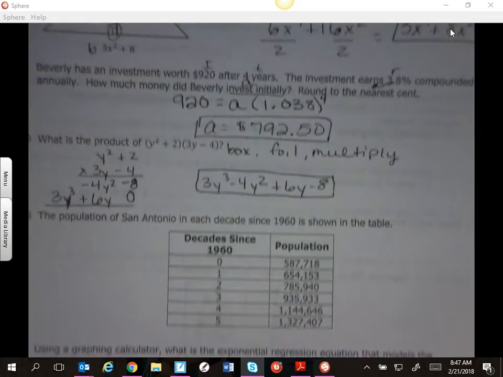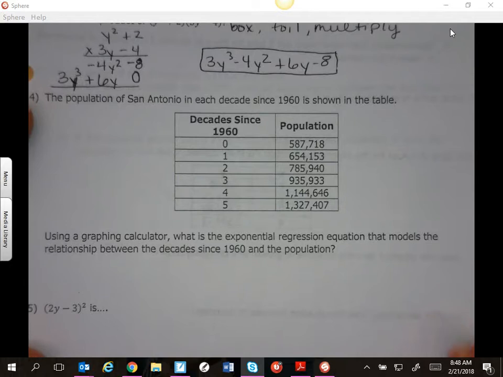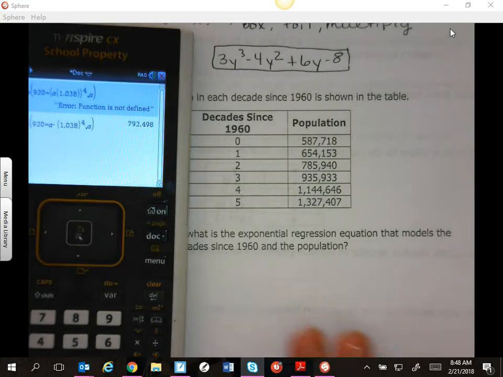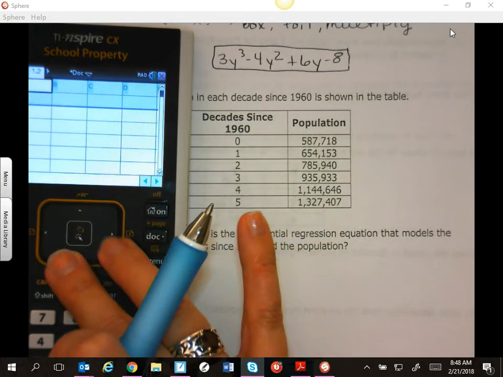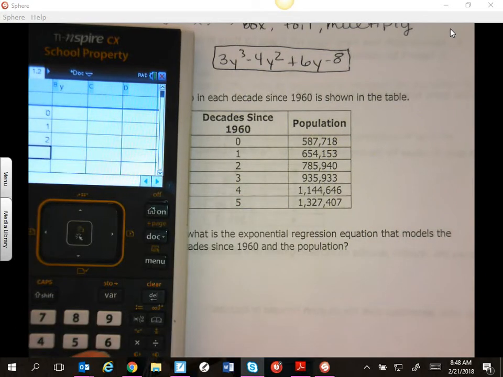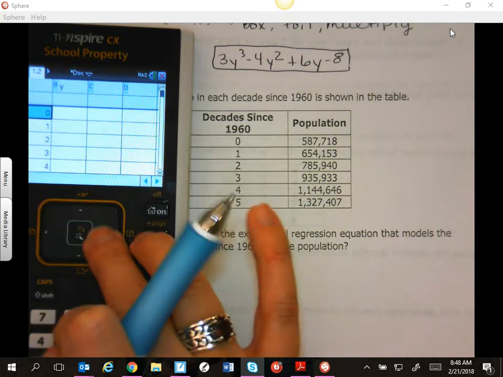Population of San Antonio since 1960 is shown in the table. Use the calculator. What is the exponential regression? So you are going to have to use menu, and list and spreadsheets. So X and Y. 1, 2, 3, 4, 5. And you are not going to be able to do this on the app.